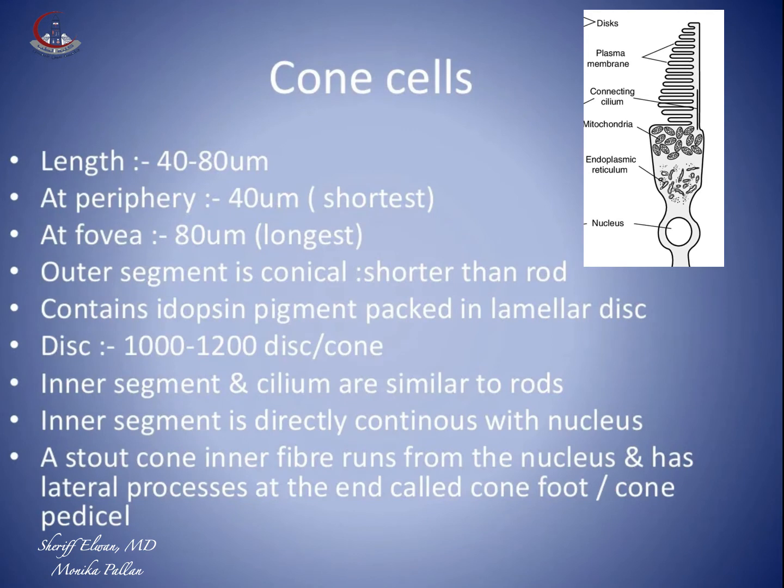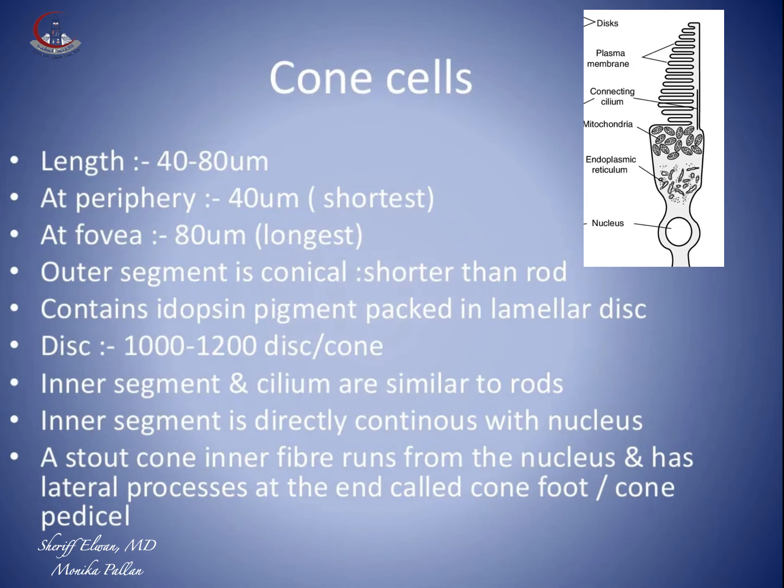A cone cell is shorter, 40 to 80 micron in length. At the periphery of the retina, it's 40 microns only, and at the fovea, it's the longest, where each cone is 80 micron. Outer segment is conical, shorter than the rod, as we said, containing the iodopsin pigment packed in lamellar discs, and the number of discs here in cones is 1000 to 1200 in each cone.